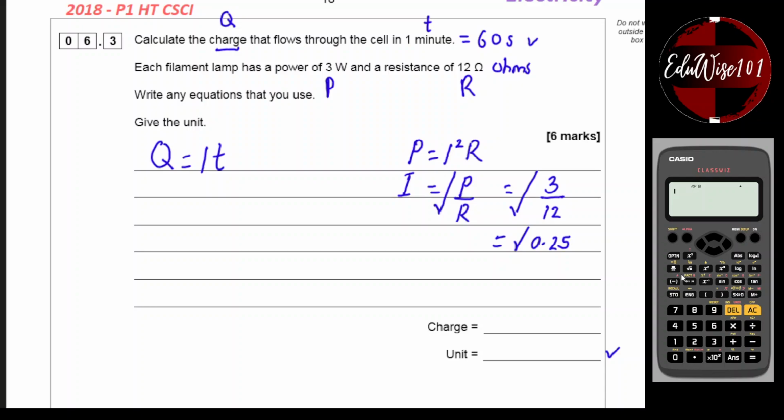Let's find that. Square root of 0.25. And that's 1 over 2, which is 0.5. So that's 0.5 amps. Now this is, remember, step 1. So the first step.